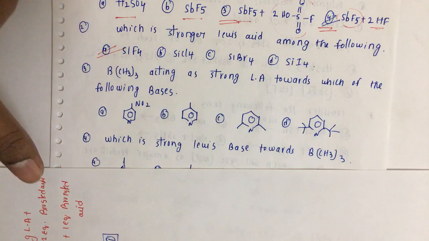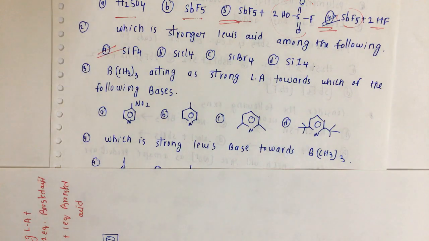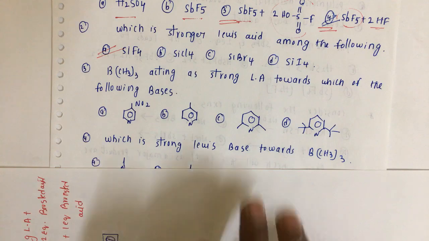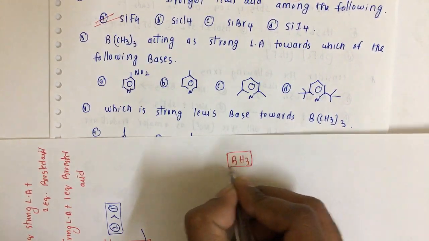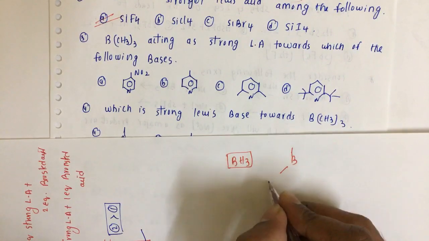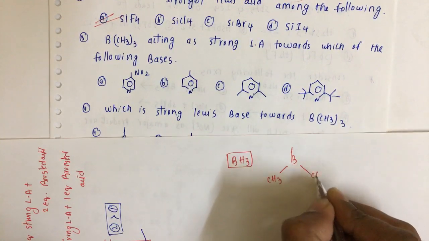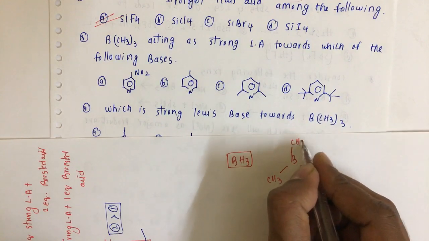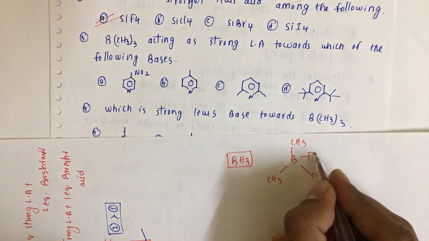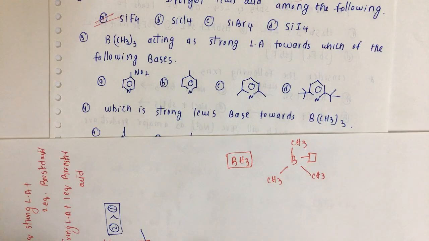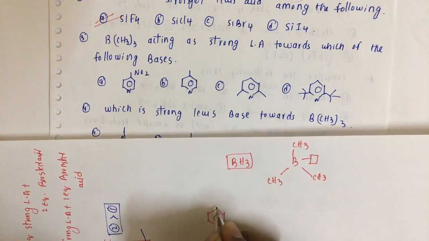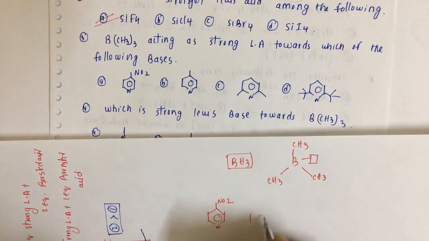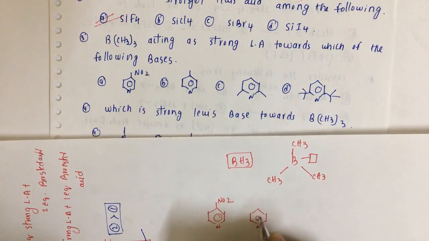Next, B(CH3)3 acts as a strong Lewis acid towards which of the following bases? We know that BH3 is a Lewis acid, and we have B(CH3)3 here, where the vacant orbital is there. There are 4 options given, all pyridine bases. In one pyridine we have an electron withdrawing group, and in the remaining pyridines we have electron donating groups.